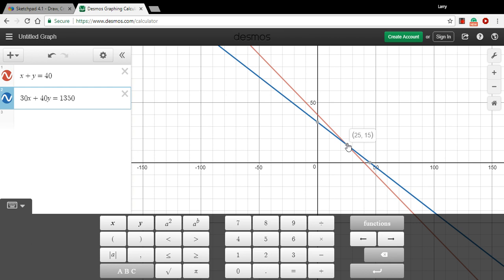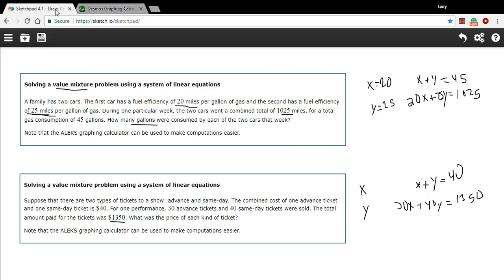And that's at the point 25, 15. So the price of an advance ticket was $25, and the same day was $15. So that's a little bit of work with some value mixture problems that require a system of equations to figure out.